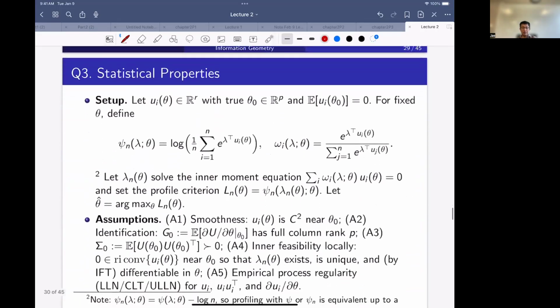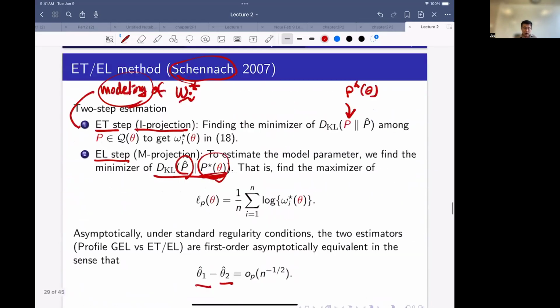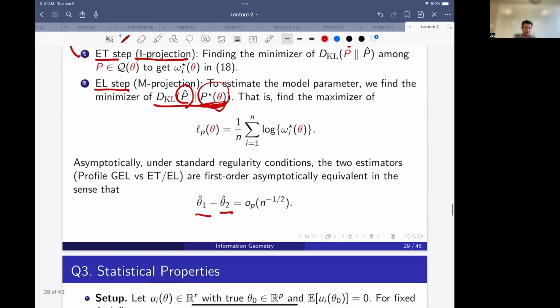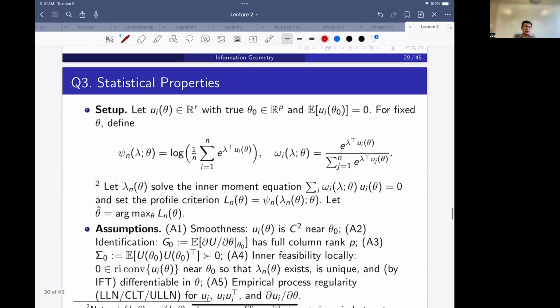Okay. So that is about parameter estimation. And now, once you have an estimator, then what kind of properties can you obtain?